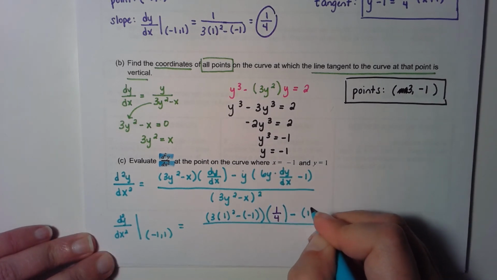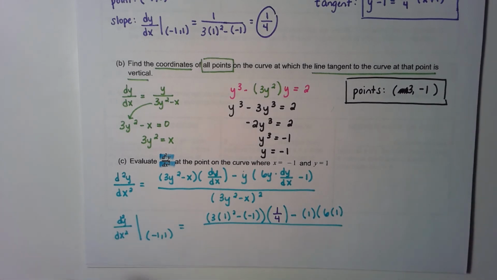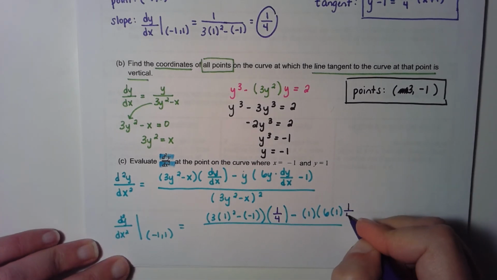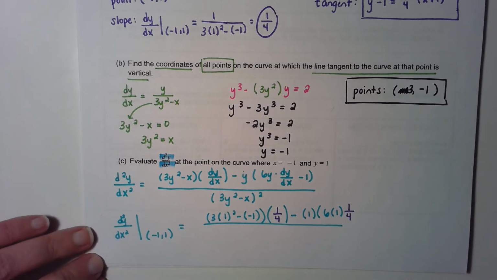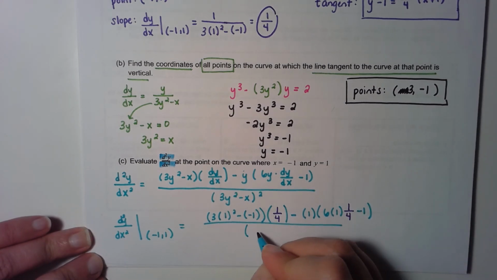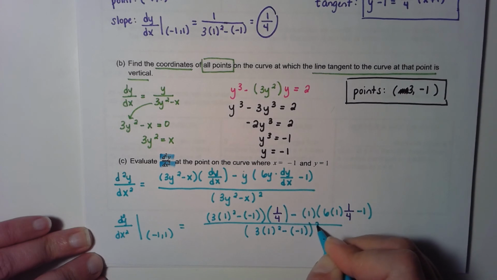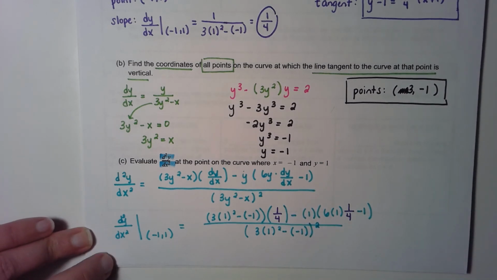Minus your y is 1. And then you're going to have 6 times 1 times that 1/4 again, minus 1, all over, here you're going to have 3 times 1 squared minus negative 1 squared. And then we just need to simplify.